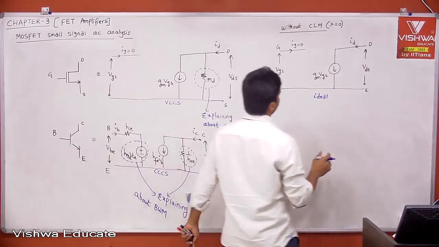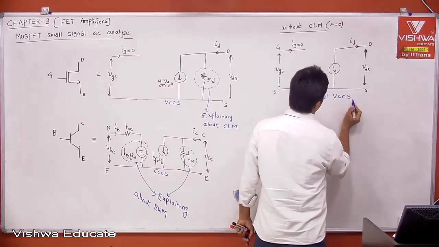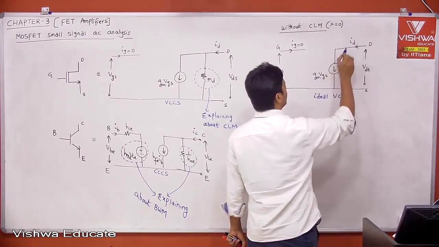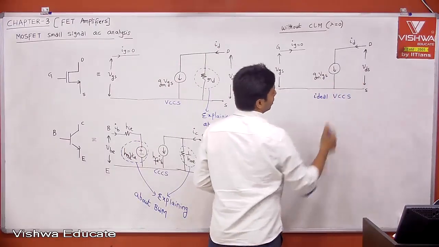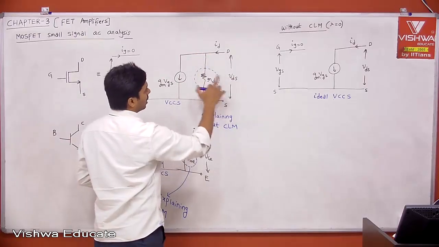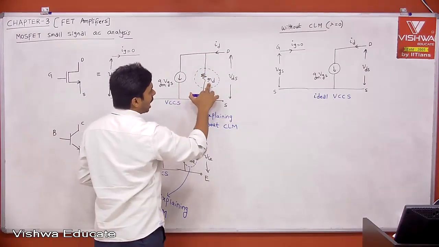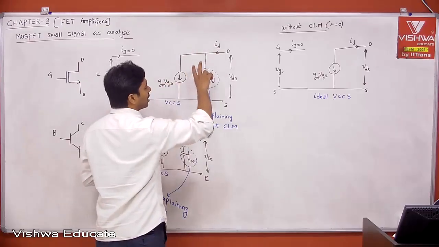There is no channel length modulation effect. Ideal voltage controlled current source. Your ID is simply GM into VGS. Okay, your ID is independent of VDS. But here your ID is depending on VDS. That's why there is another branch which is RD, where ID is equal to GM into VGS plus, I am writing KCL.